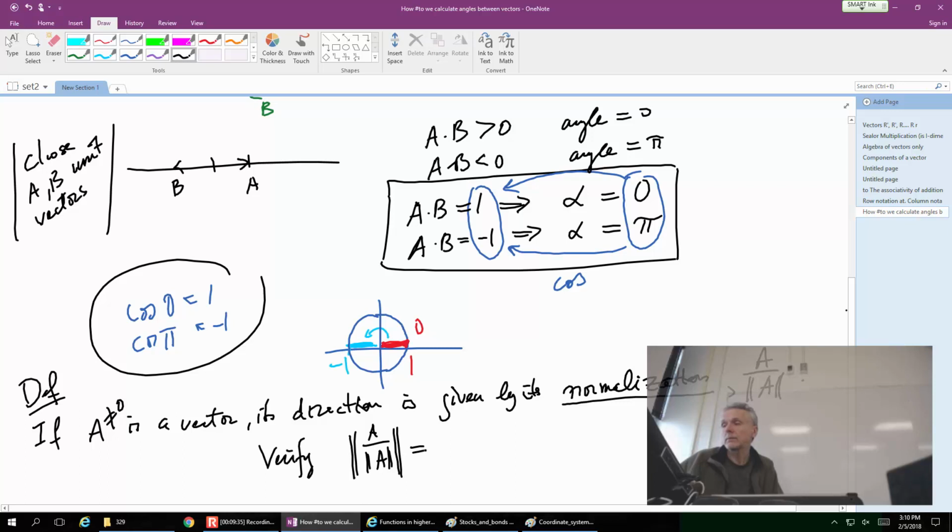I guess we didn't. I think I missed this. Yeah, there's an important property here, so let me take a moment to go back and fix that. So it is a unit vector.